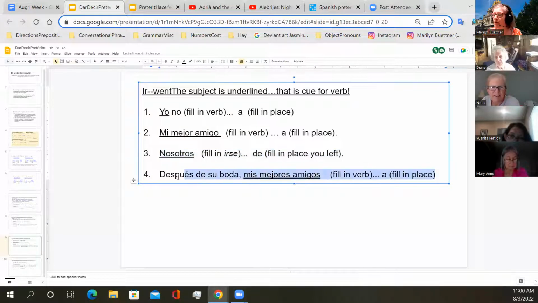Excelente. What are we going to do for mis mejores amigos with ir? After their wedding, después de su boda, mis mejores amigos fueron a Hawaii para su luna de miel.